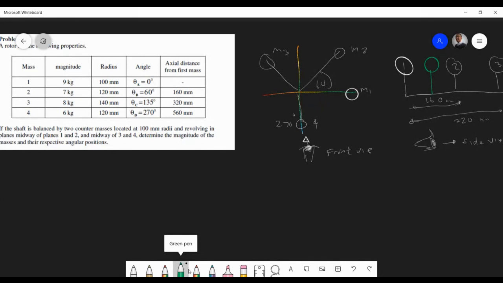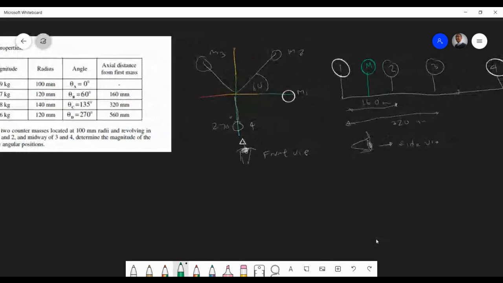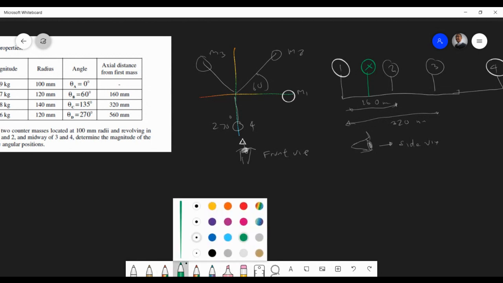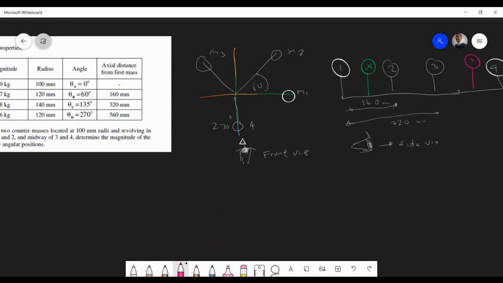We're going to call it mass M. You can call it anything, X or Y. Normally that's X, so let's call it X. And then we can call this other one Y.